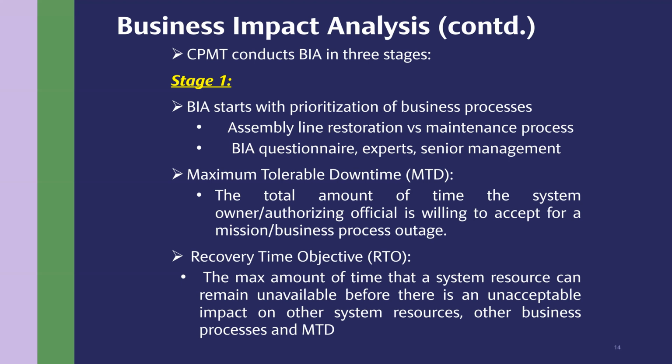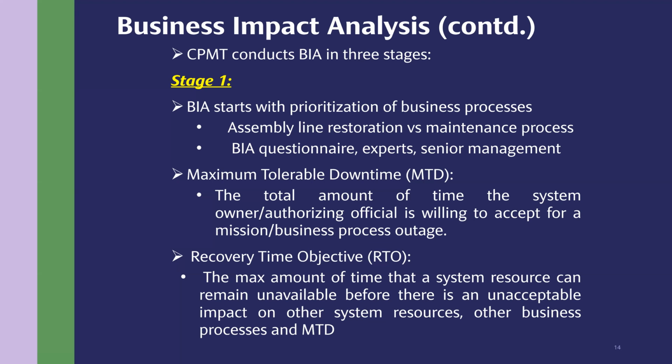The second is the recovery time objective. This means now you want to get those system resources up and running. What time are you going to take to make those system resources up and running? It is the maximum amount of time that a system resource can remain unavailable before there is an unexpected impact on other system resources and other business processes.